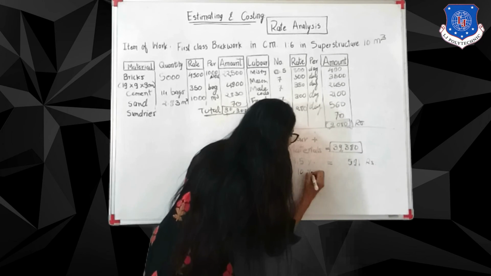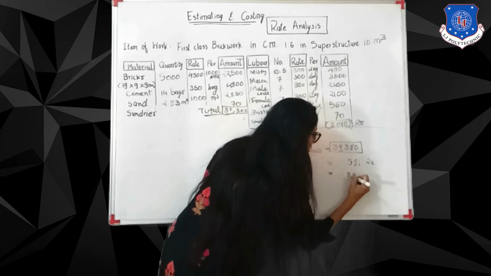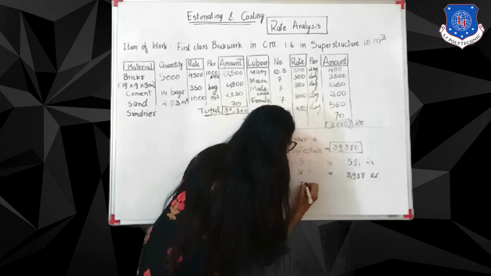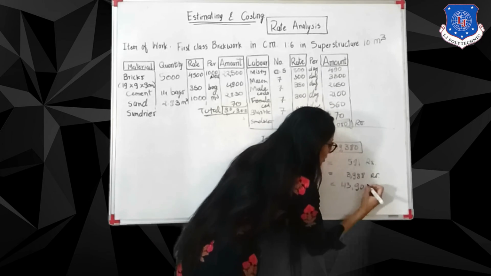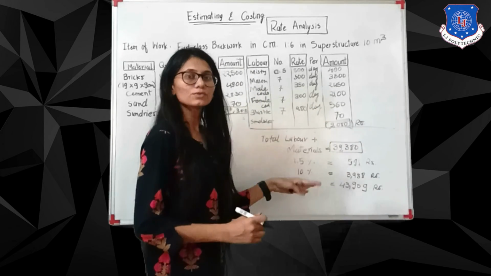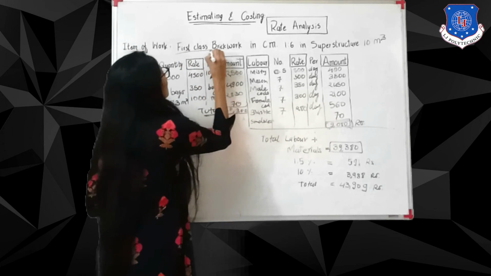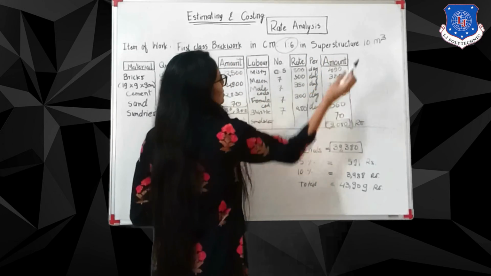Next, 10% contractor's profit will be 3,938 rupees. The total cost of construction is 43,909 rupees. So we are paying 43,909 rupees for the first class brickwork if we are using this proportion in superstructure per 10 meter cube work.